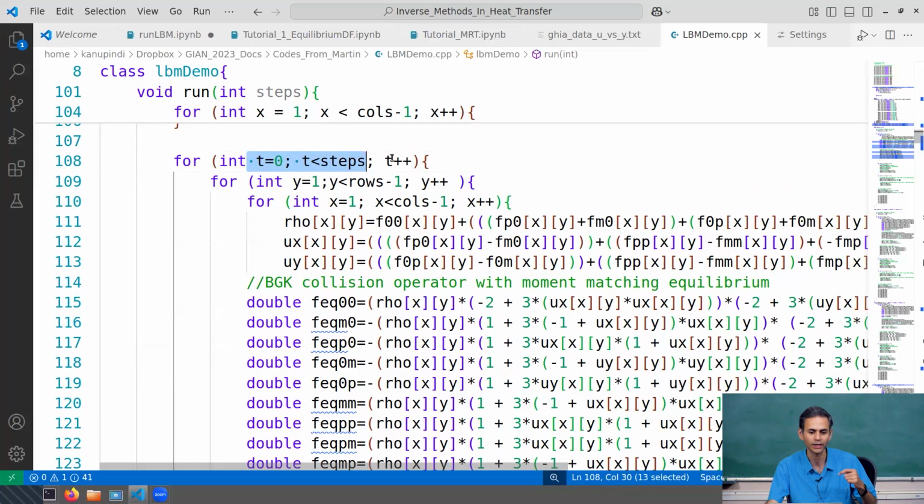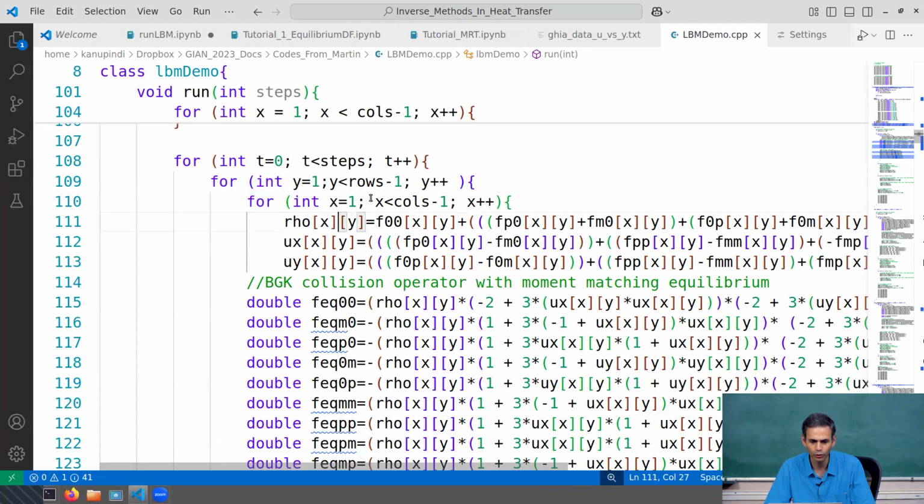So there is a time loop that is going on, and then there is a for loop for y, which is going from y equals 1 to number of rows minus 1, y plus plus, and there is another for loop for x, going from 1 to number of columns minus 1, x plus plus. So basically you have a two-dimensional space in x and y, and then there is a time loop for t, okay. So there is a main loop like this.